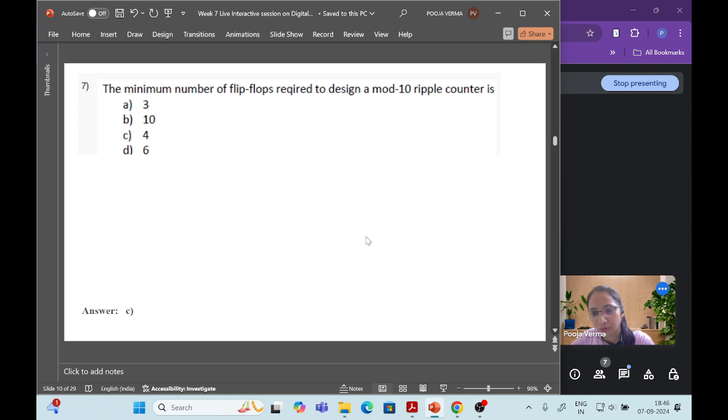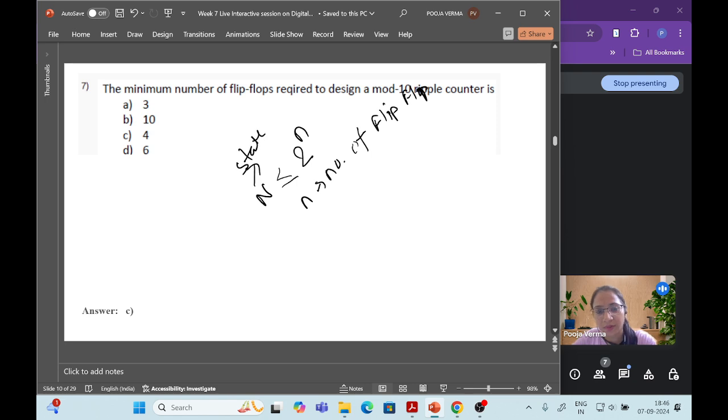So already we know that the number of states must be less than or equal to 2 to the power n, where n is the number of flip-flops. So here it is given mod 10, so 10 must be less than or equal to 2 to the power n. If we take n equal to 3, then it will be only 8, so 2 are left.